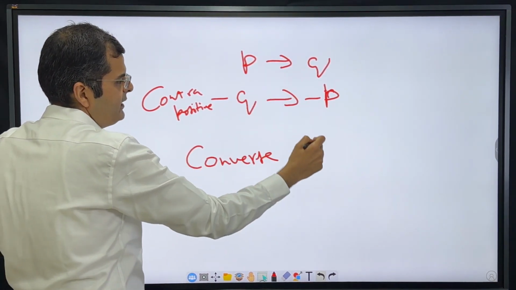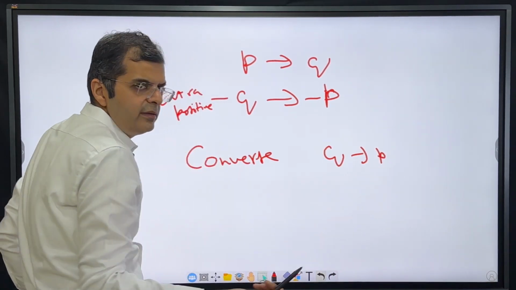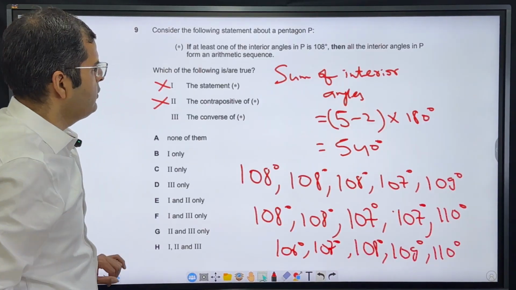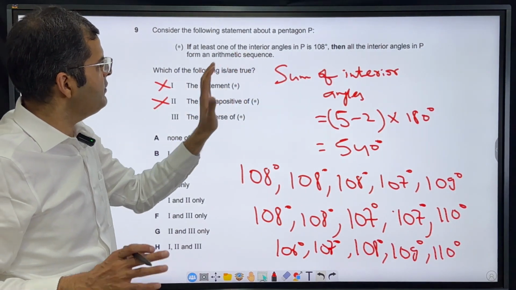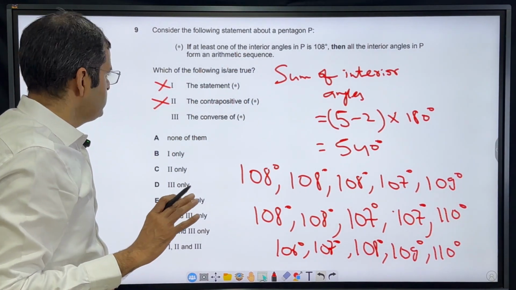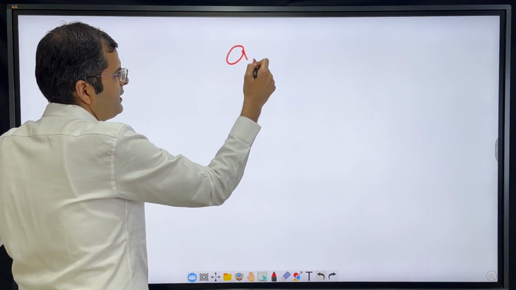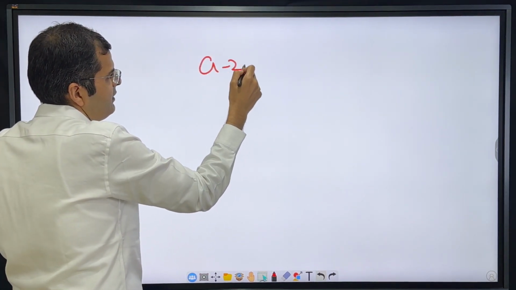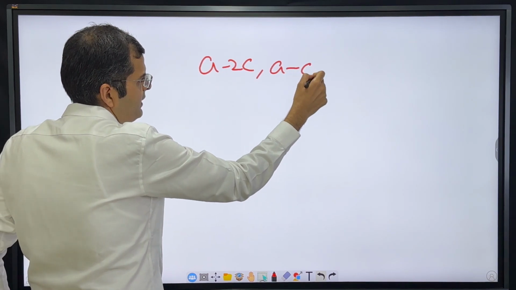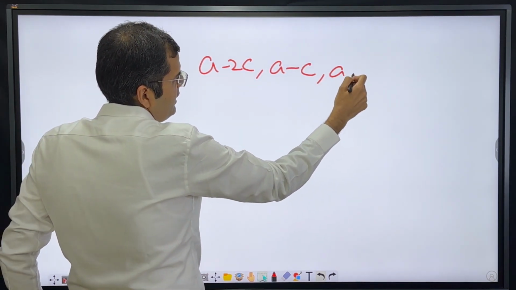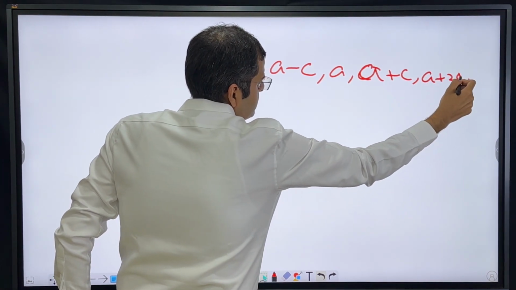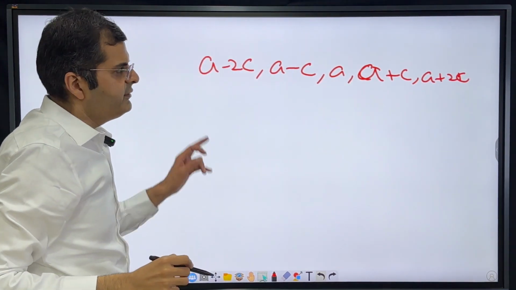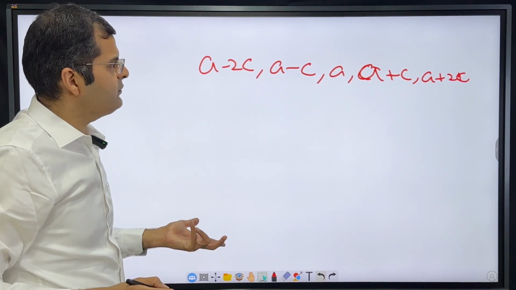Converse means Q leads to P. So if I go for converse, it says all interior angles in P form an arithmetic sequence. So if all interior angles form an arithmetic sequence, the interior angles will be A minus 2C, A minus C, A, A plus C, and A plus 2C. There are 5 angles in a pentagon. If they are forming an arithmetic sequence, they will be of this form.